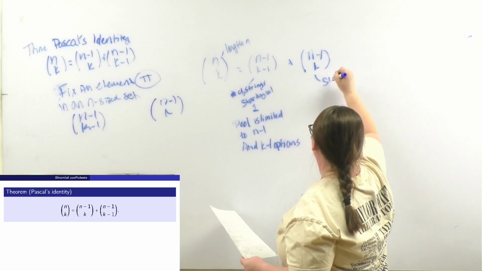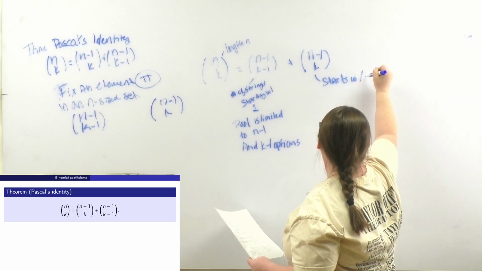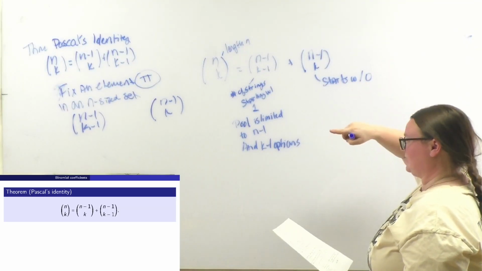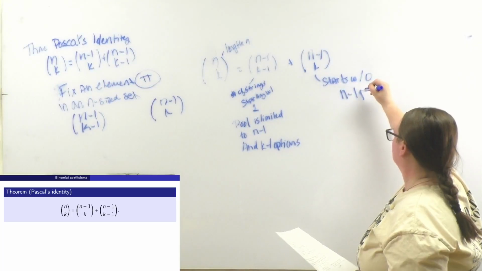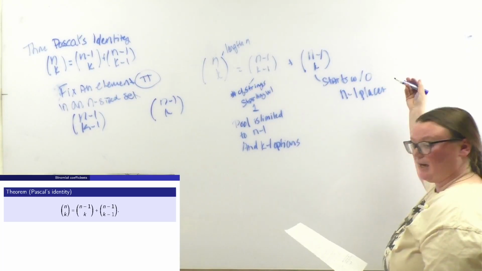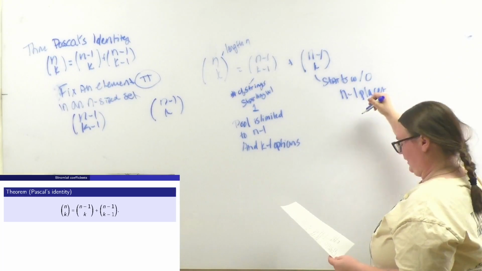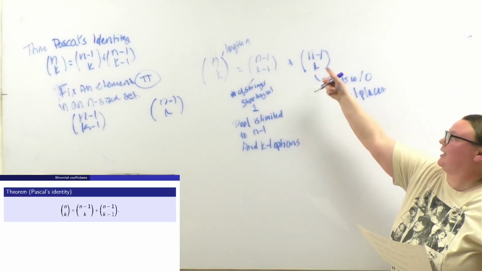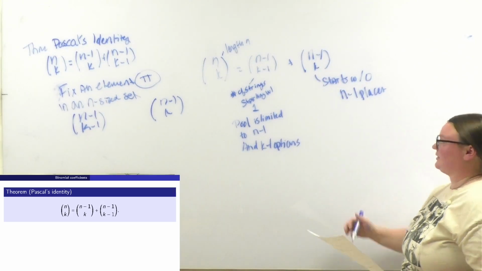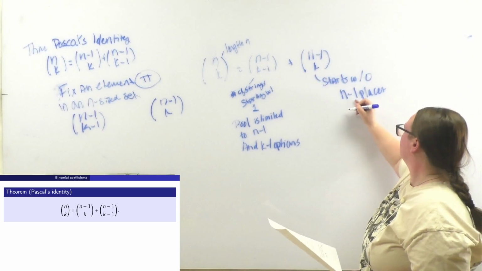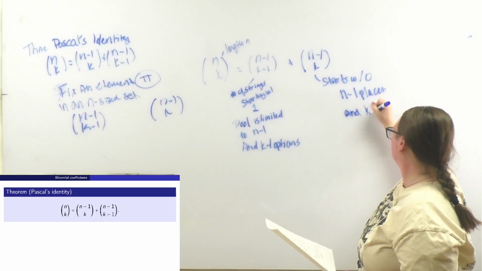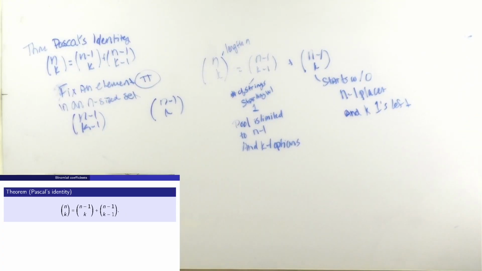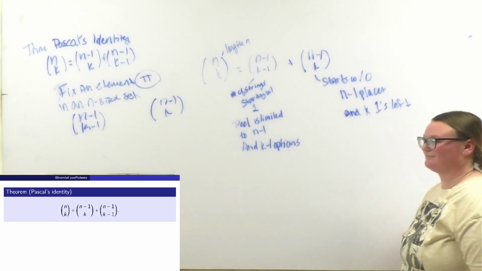So this starts with 0 instead of a 1. So we have n minus 1 places to put other options. And we still have k options left. So k numbers of 1.